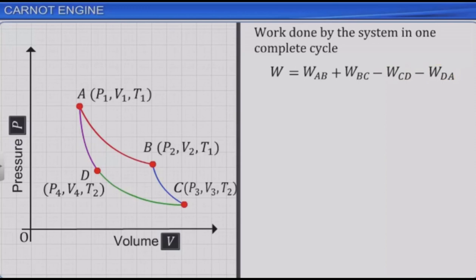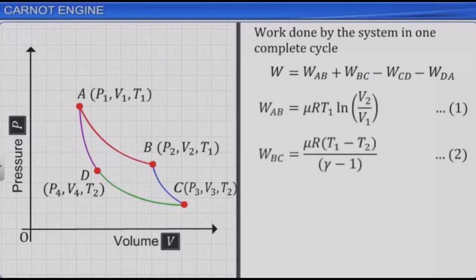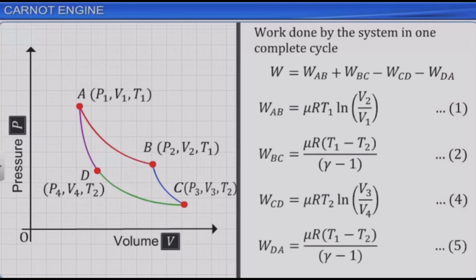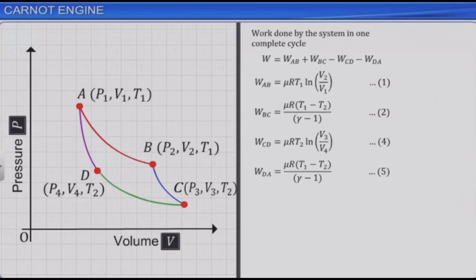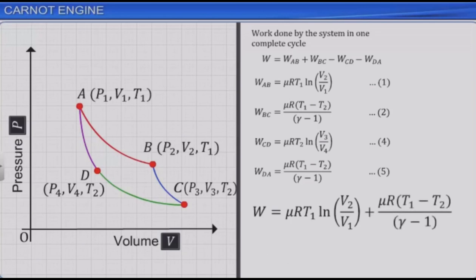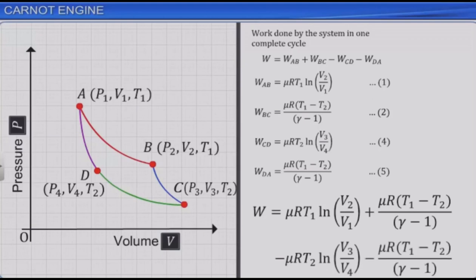On substituting the values from equations 1, 2, 4 and 5, we get W is equal to mu R T1 into ln of V2 by V1 plus mu R into (T1 minus T2) by (gamma minus 1) minus mu R T2 into ln of V3 by V4 minus mu R into (T1 minus T2) by (gamma minus 1).